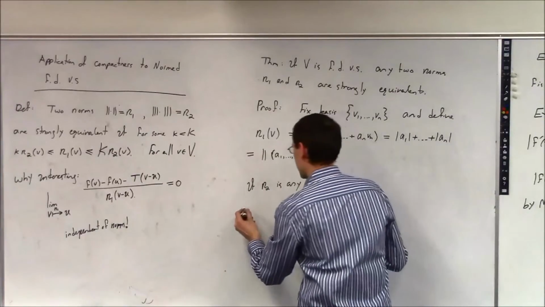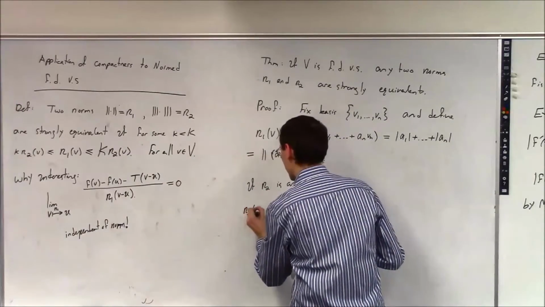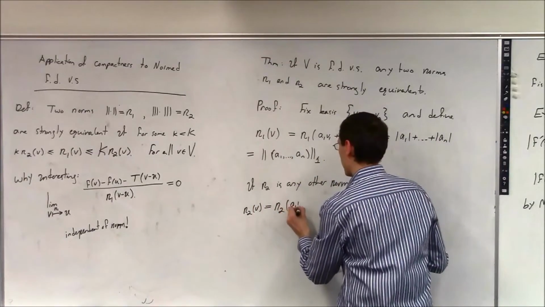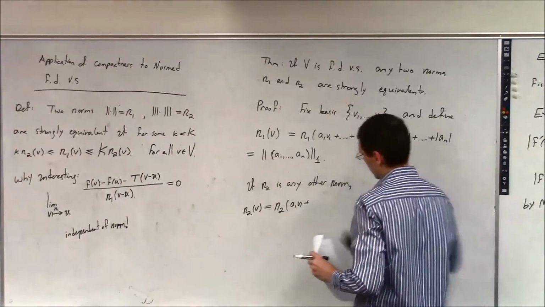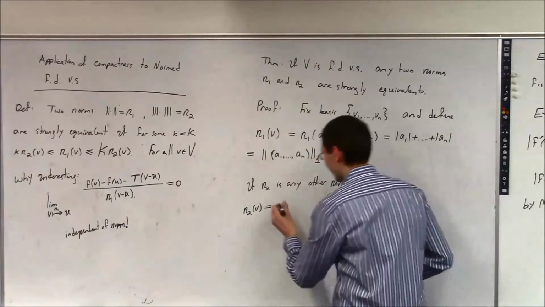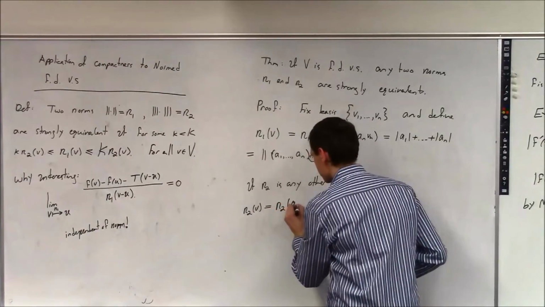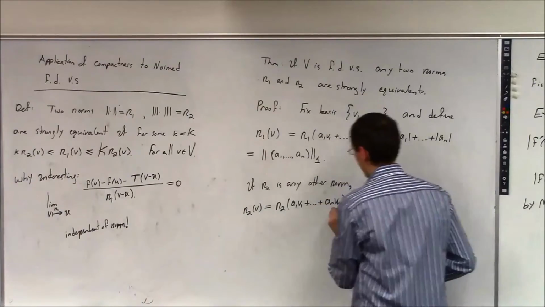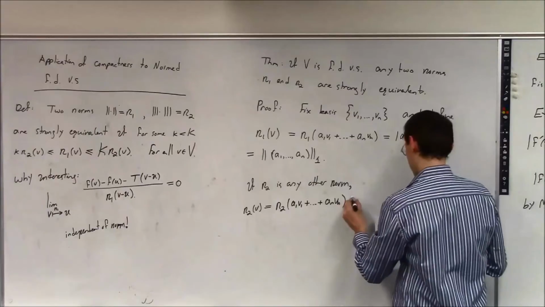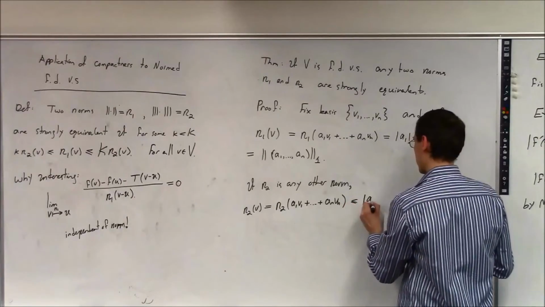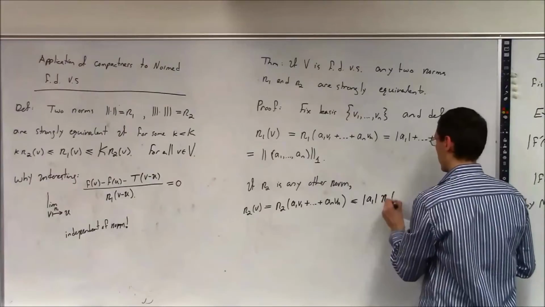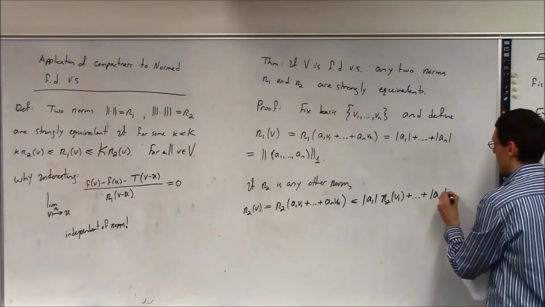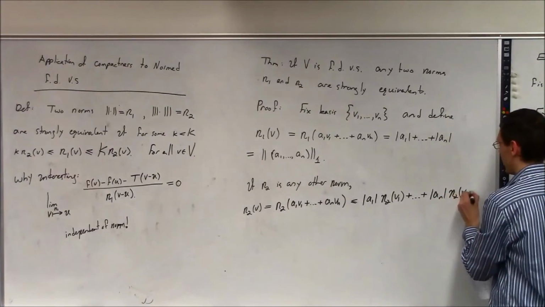So what we have is that if n2 is any norm, n2 of v is the same as n2 of a1 v1 plus ... plus an vn, and that is less than or equal to the absolute value of a1 times n2 of v1 plus ... plus the absolute value of an times n2 of vn.